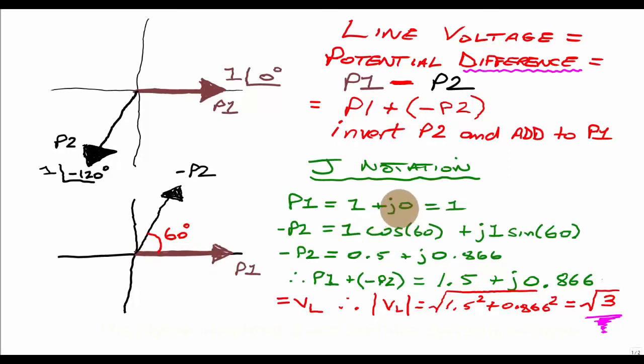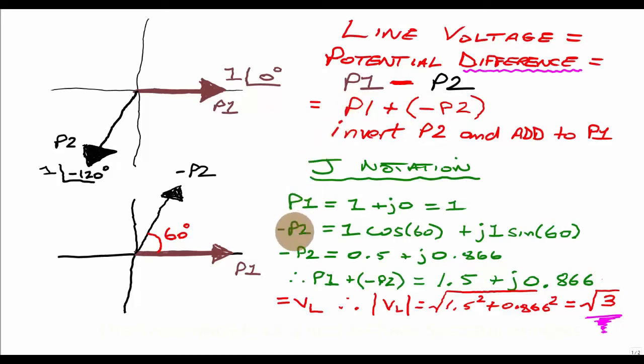In terms of j, it's 0. There is no j component for this, it's along the horizontal. There's no plus or minus figure in the j axis at all. So j0 is just nothing, and we can just write p1 equals 1. So it's a wholly real phasor. If we then look at minus p2, remember we'd like to add minus p2 to p1.